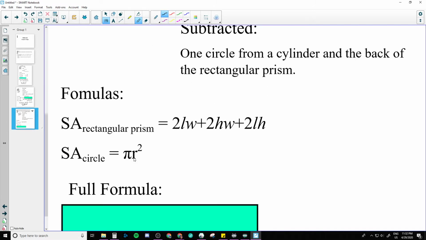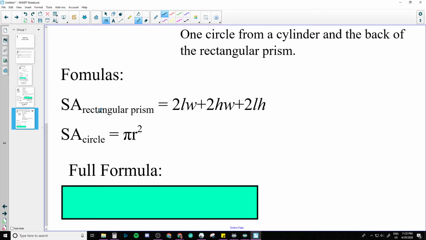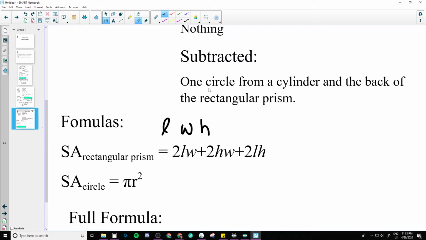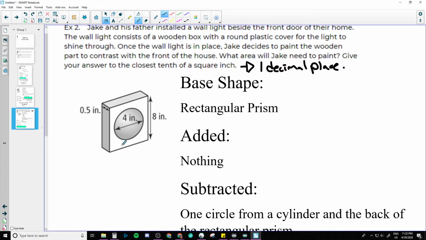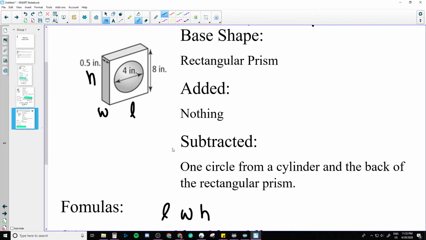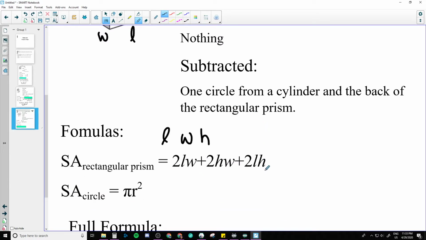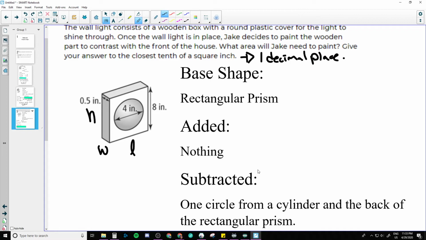Again, we'll take a look at our formulas. The formula for a rectangular prism, remember we have to decide, okay, what's our length, what's our width, and what's our height? So we go back over here and we label. Okay, I've decided I want this side to be the length, this side to be the width, and then this height here is going to be the height. Okay, so now that we've got that decided, we know we're only going to need one of the length times height, right?